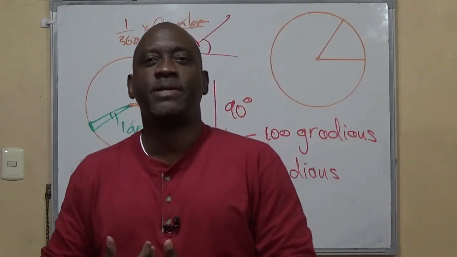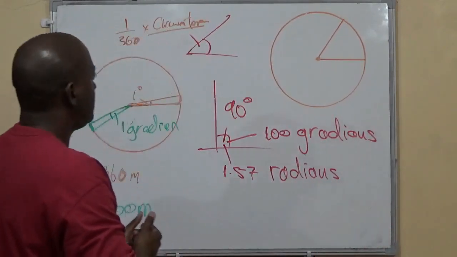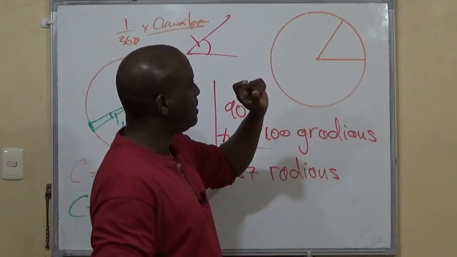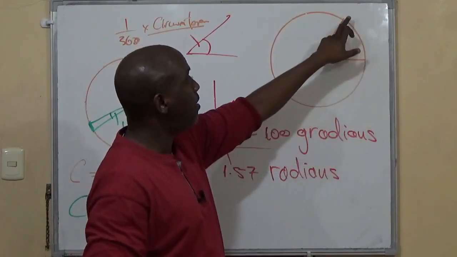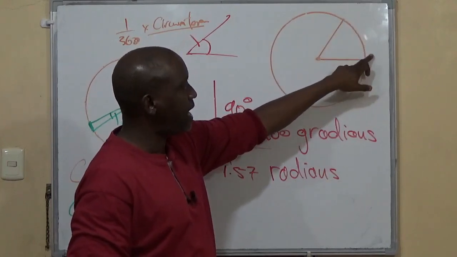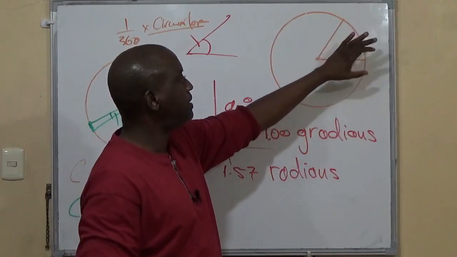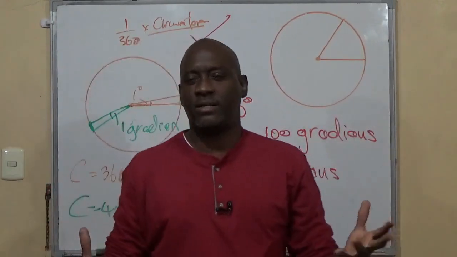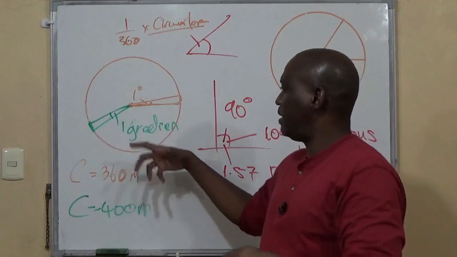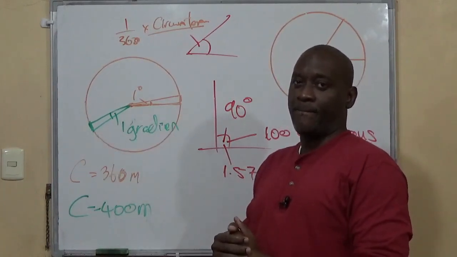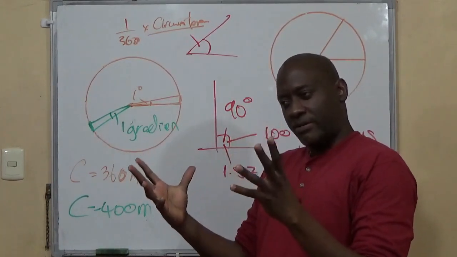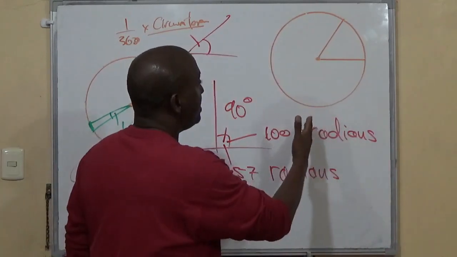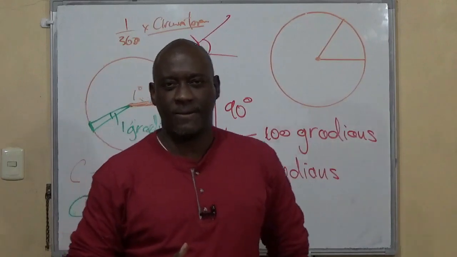The reason is that the radian is defined in terms of the ratio of the same arc on the circle, but instead of choosing some arbitrary fraction, 1 over 360, 1 over 400, or some arbitrary measure for the circumference, in the definition of the radian it doesn't matter what the circumference is.